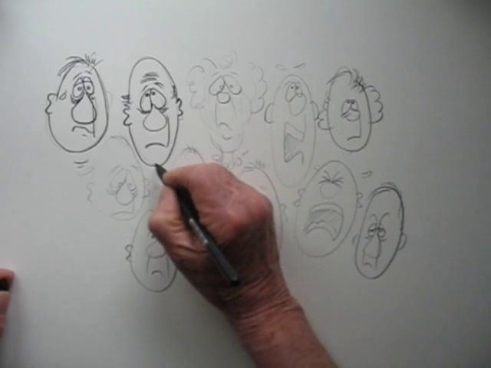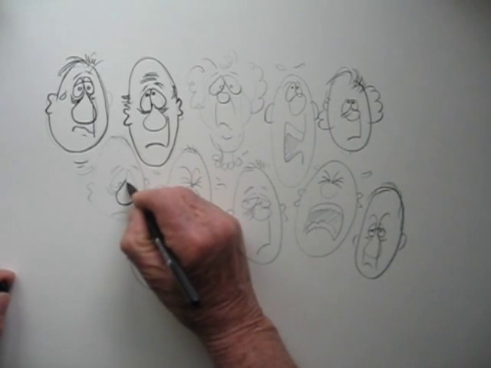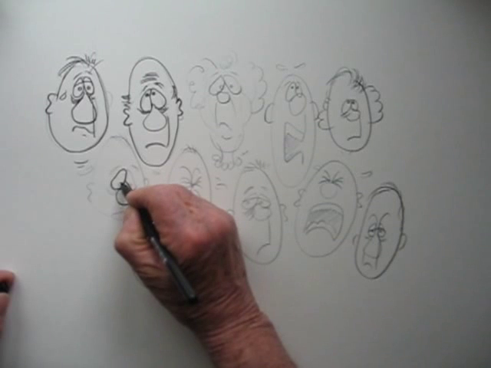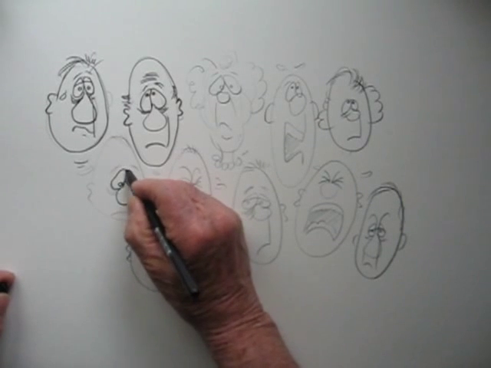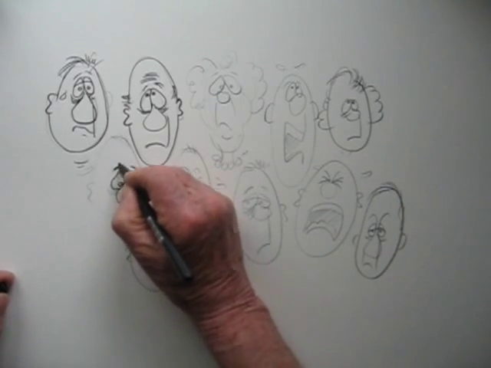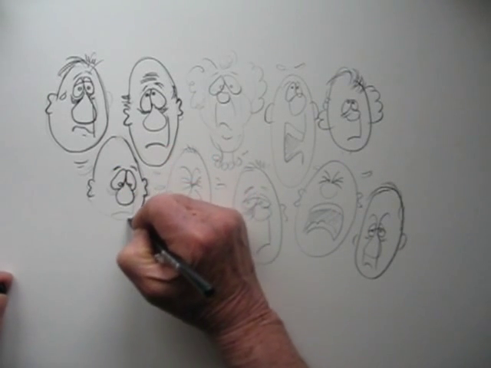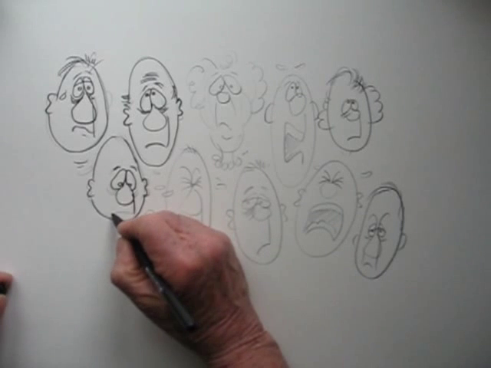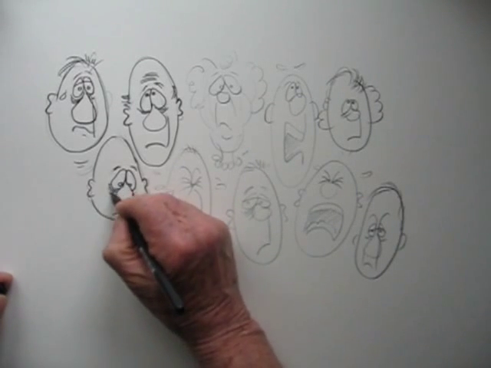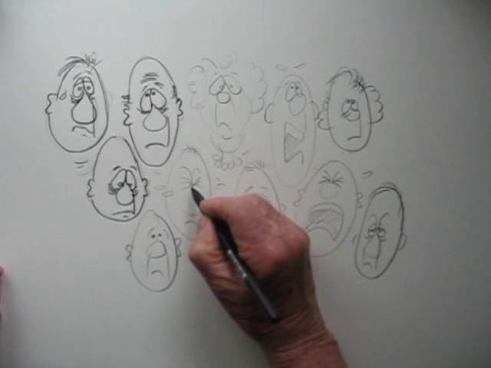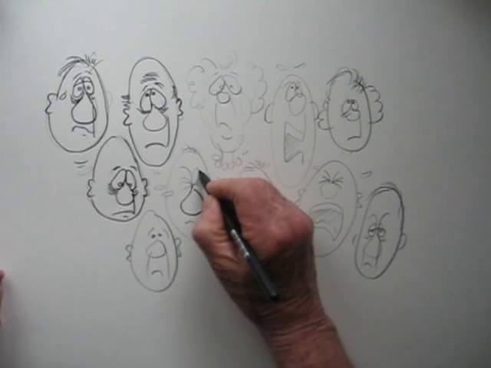Downturned mouth, and this one also, I'll have him looking down. And as you see, the secret really is just do a little curve beneath the nose like that, and they look sad.